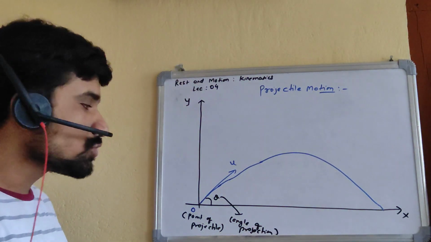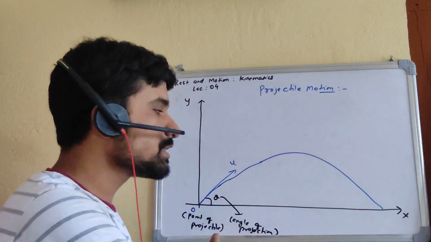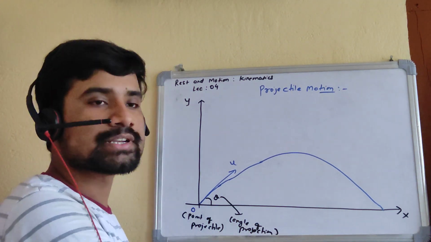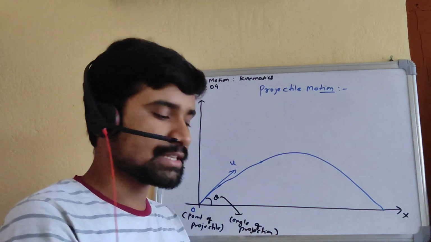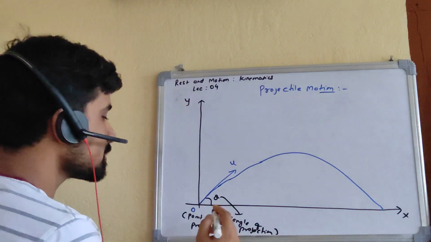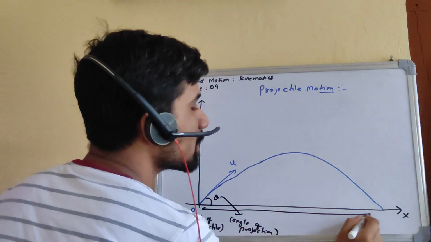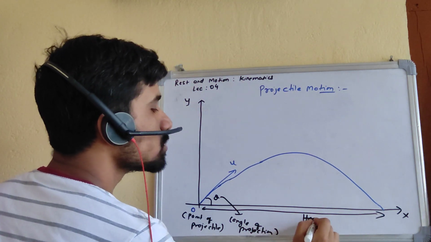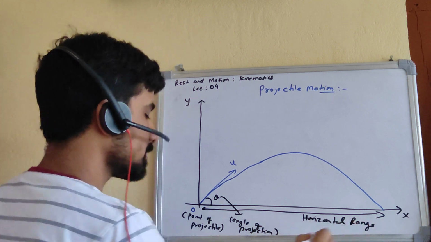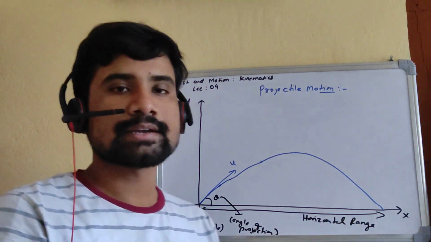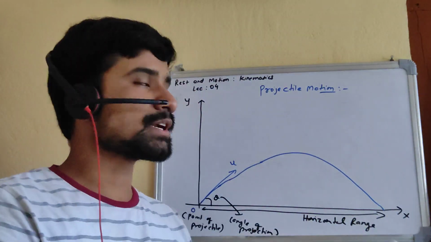The distance it covers in this horizontal direction is called the horizontal range. These are some terminologies of projectile motion.